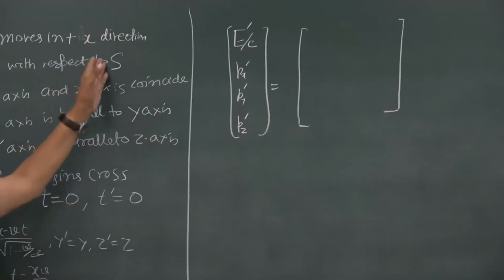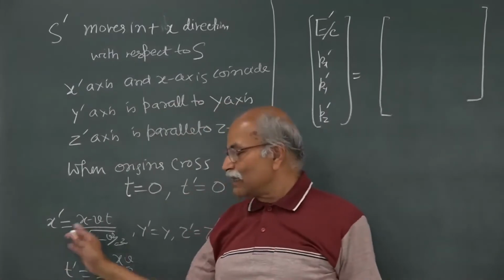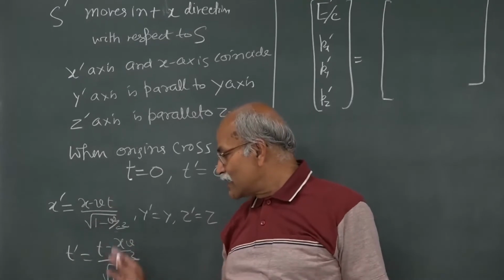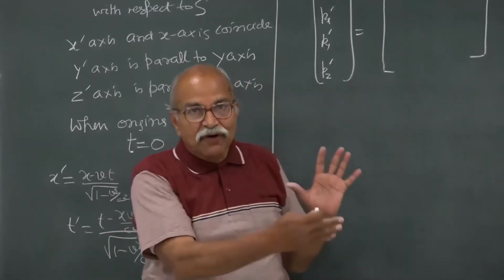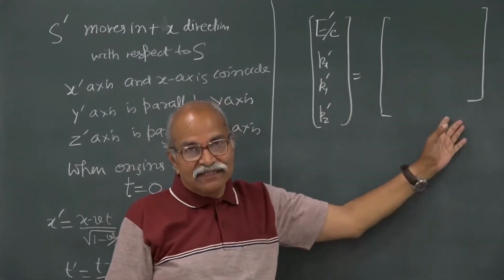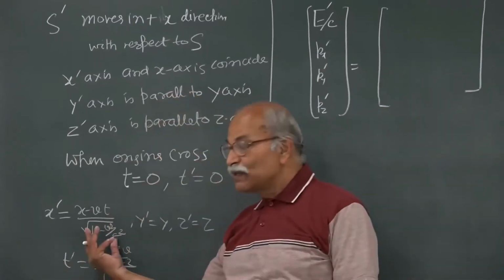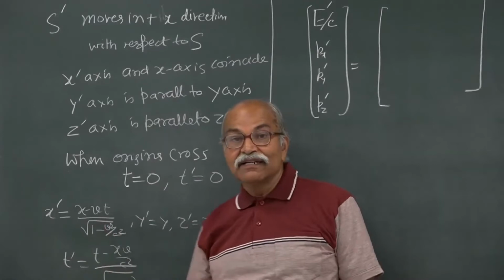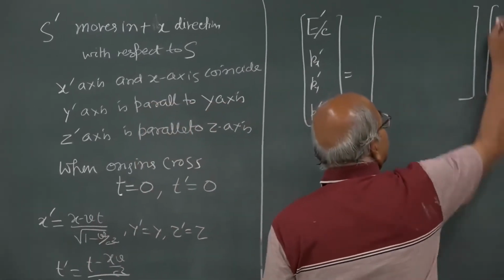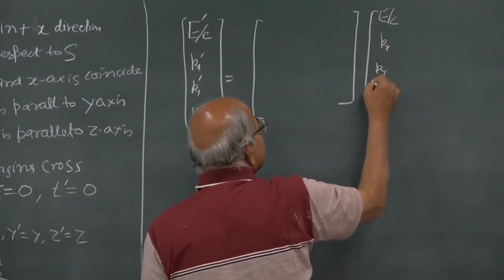If these conditions are fine, then I know what the transformation matrix is, just coming from here. I know what the Lorentz transformation equations are, and then I can write this in a tabular form, and you have gamma, minus beta gamma, 0, 0, that matrix. If it is not, these equations will be different, and then this matrix will be different, and then you will have this E by C, Px, Py, Pz.